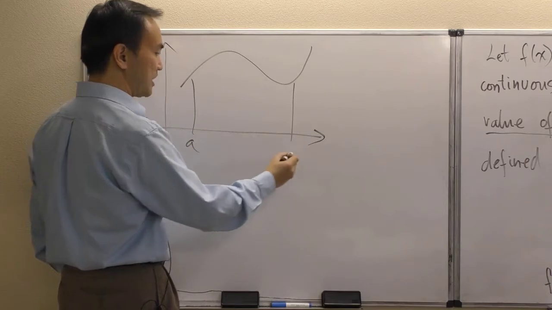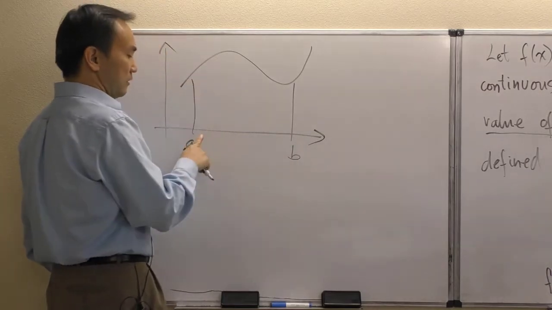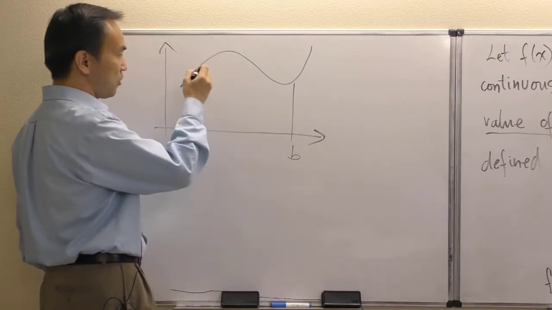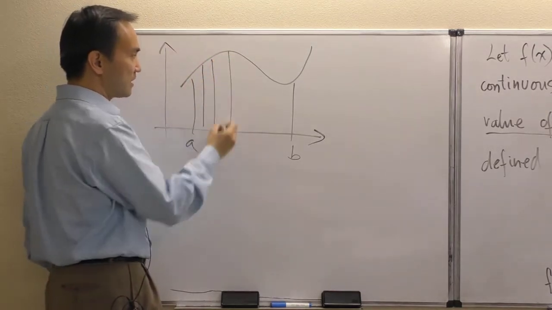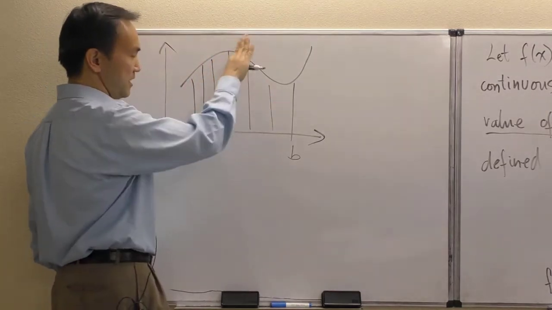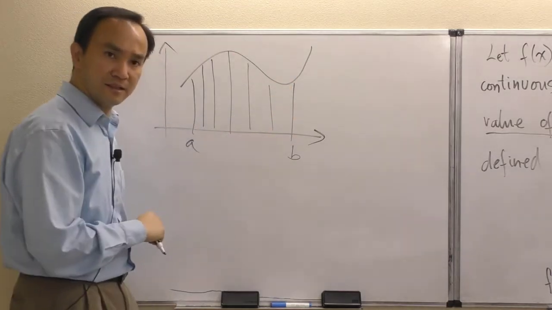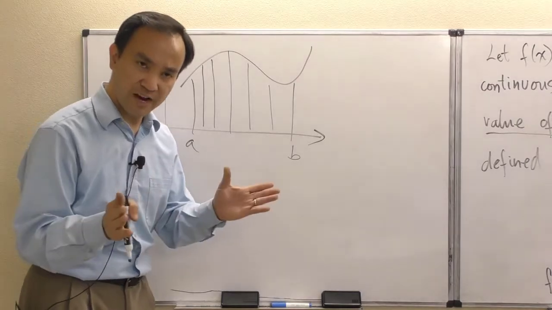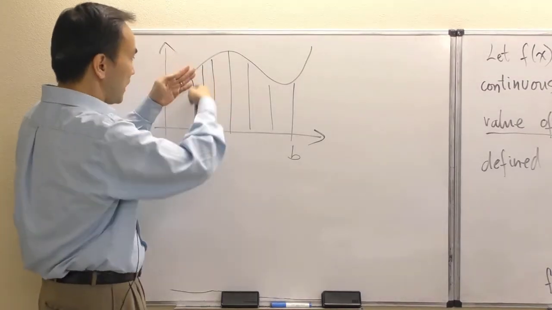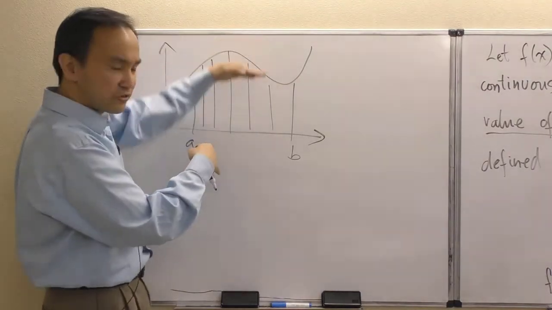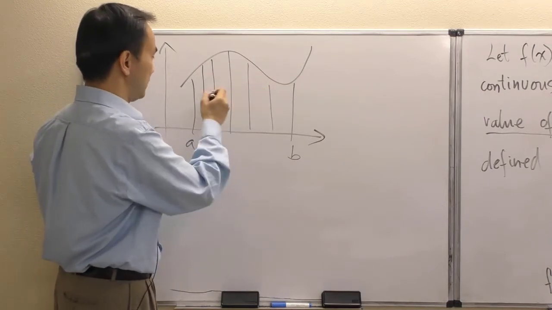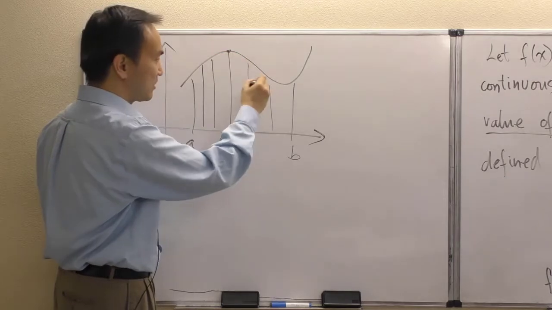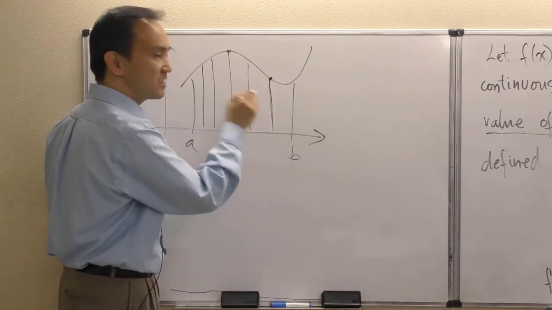As you have seen many times, all function output values inside of this interval happen at different heights, up and down like that. So average function value means that throughout all of these up and down heights, about this height right here is the average.